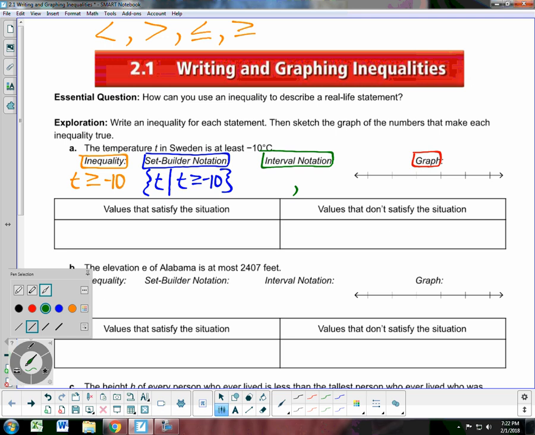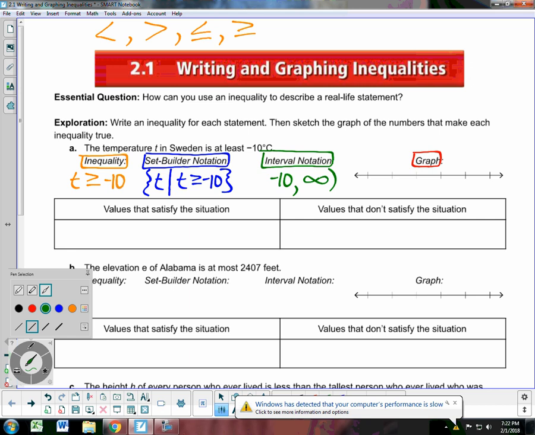So it can keep going up, up, up into infinity. So on the right side, we're going to put an infinity symbol and parenthesis. On the left side, the farthest to the left we can go, the smallest number that we can have is negative 10. So that's going to be on the left of this.